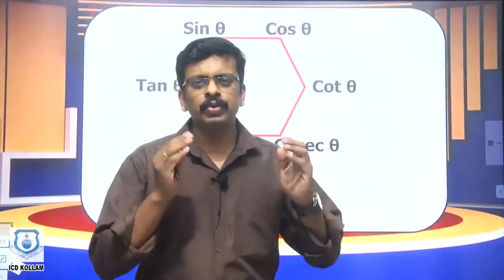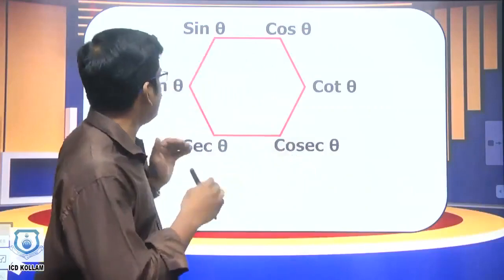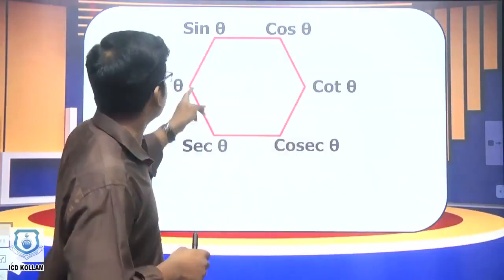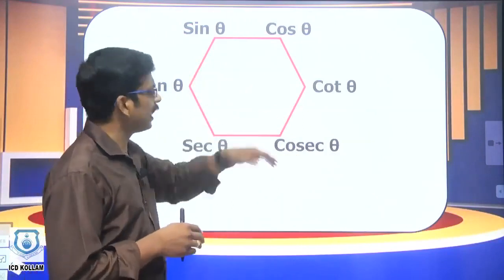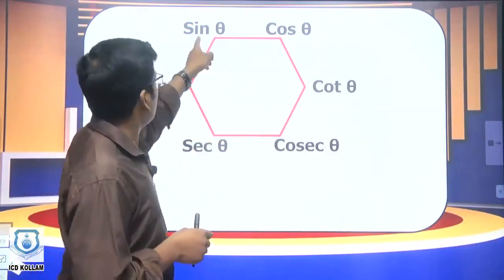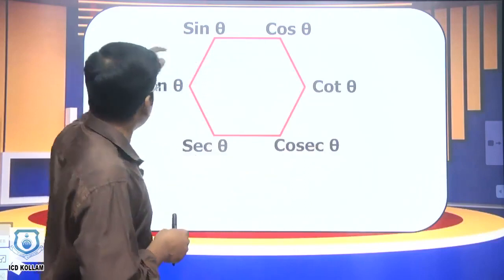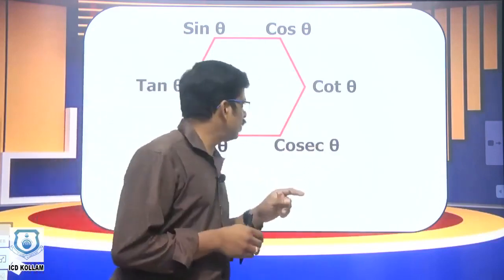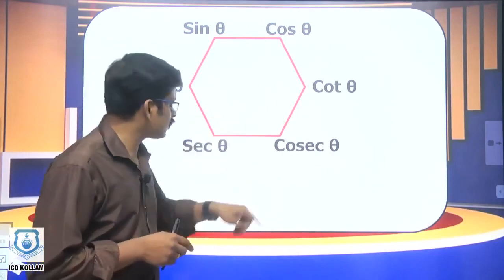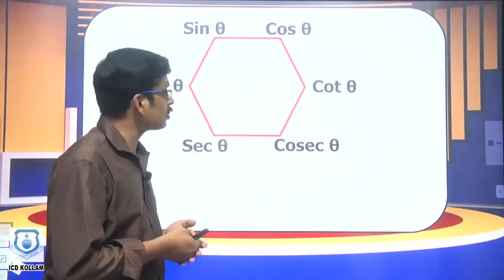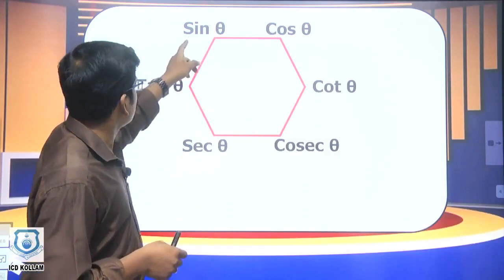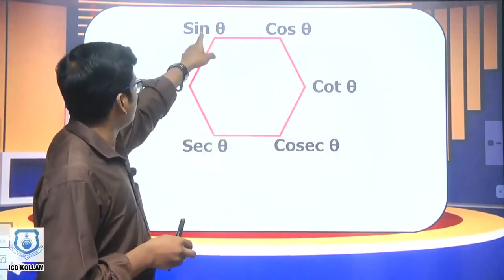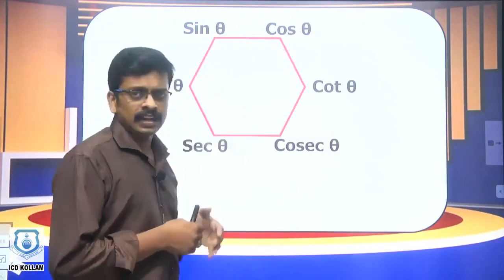Now I am going to discuss the equations we need to learn by heart from an examination point of view. First I draw a regular hexagon and I denote these functions. I didn't say anything about these three functions. These are new for us. First I write sin theta and its co-function is cos theta.